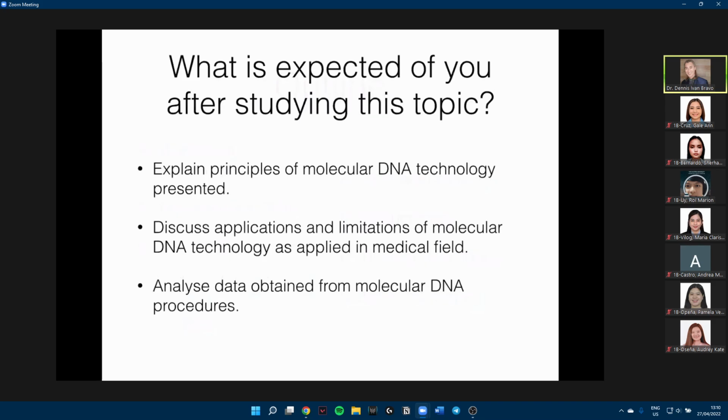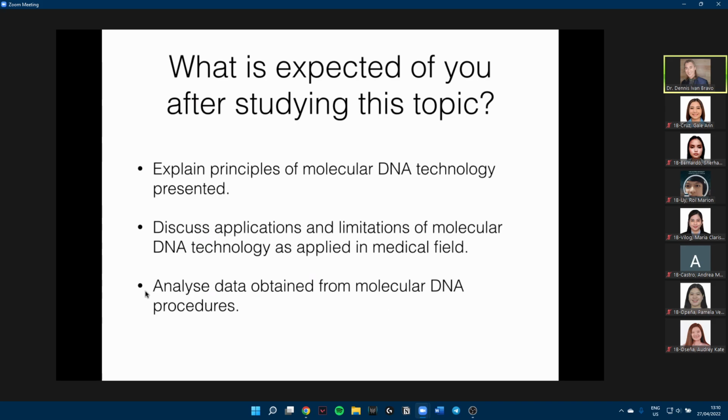So what is expected of you after studying this topic? You only have three learning objectives. The first is that you should be able to explain the principles of molecular DNA technology, the ones that will be presented today. You should be able to discuss their applications as well as limitations in the field of medicine.